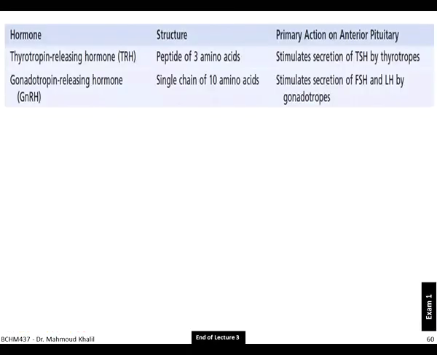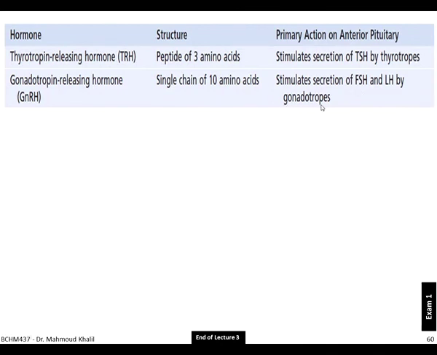This table shows a summary of each of the hormones secreted by the pituitary gland, its structure and its main function. TRH is actually a peptide of 3 amino acids that stimulates the secretion of TSH by thyrotrophs. Thyrotrophs are cells which exist in the anterior pituitary region. You have the gonadotropin releasing hormone, which consists of a single chain of 10 amino acids that stimulates the secretion of FSH and LH by gonadotrophs.